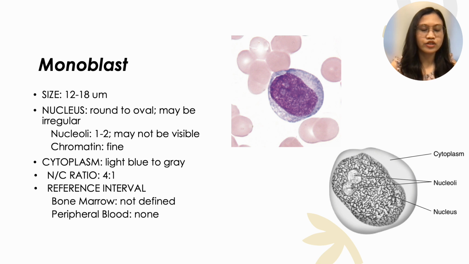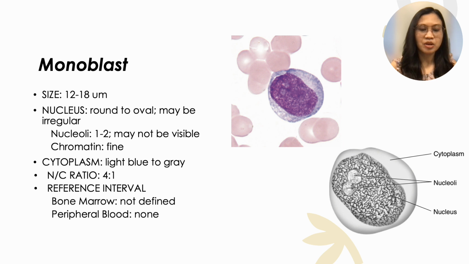The following are the characteristics of the monoblast. It has a size of 12 to 18 micrometers, a nucleus that appears to be round or oval, and sometimes it may also have an irregular shape. Inside the nucleus, 1 to 2 nucleoli may or may not be visible, and it will also have a fine chromatin pattern.